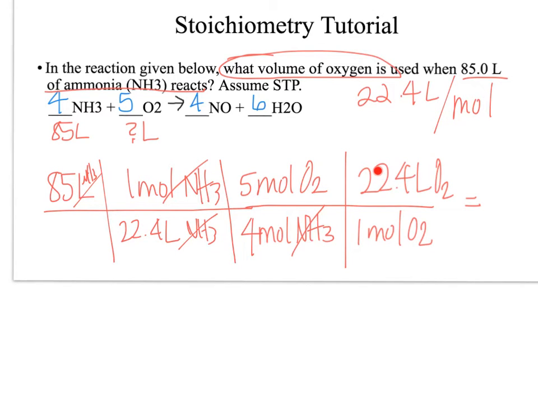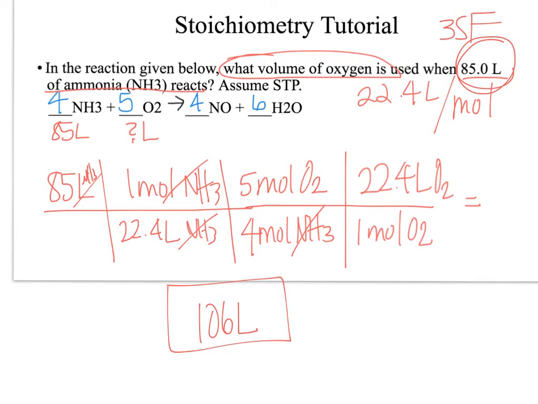And when I do that, I get 106 liters. And that's my answer because I need 3 significant figures from right here. And so that is my answer, liters of oxygen.